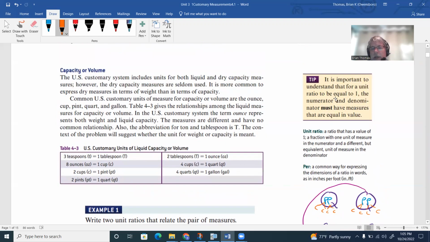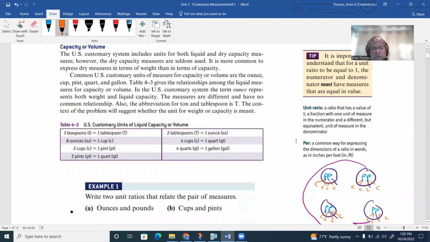Now, as we move forward, we're going to be talking about what's called a unit ratio. A unit ratio represents a value of 1. So remember, a ratio is a fraction concept. So what we can pick up on is, as long as the numerator and denominator have the same value, they represent 1.